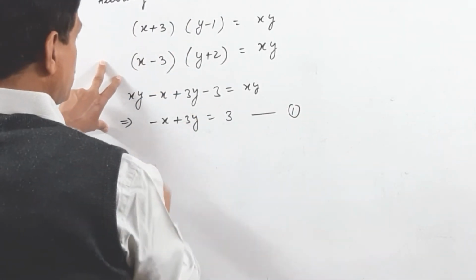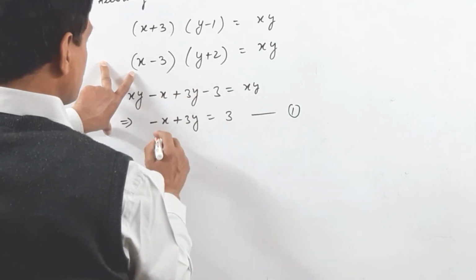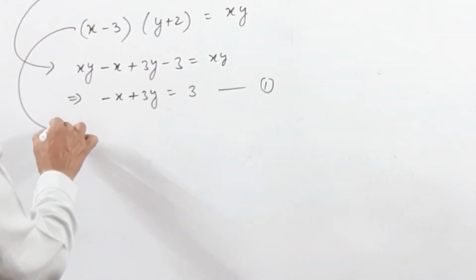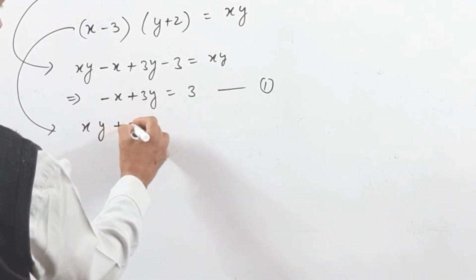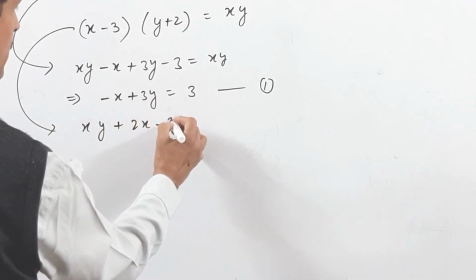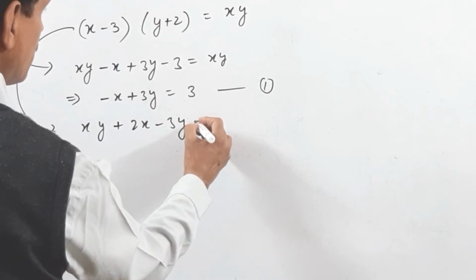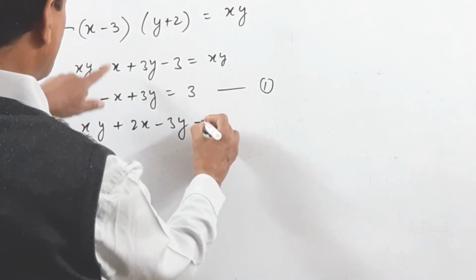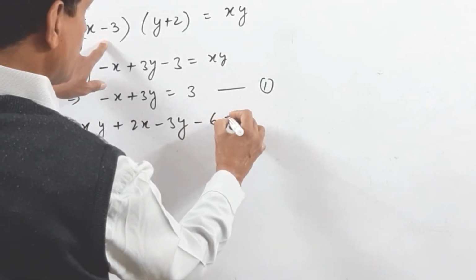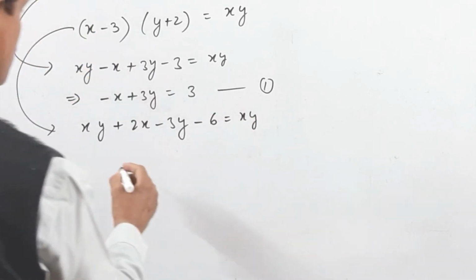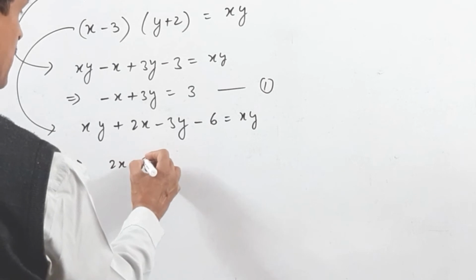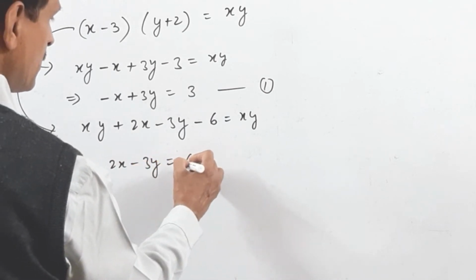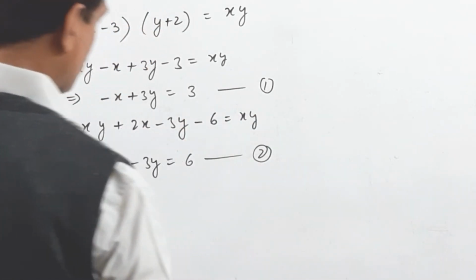And second equation, that is xy plus 2x minus 3y minus 6 is equal to xy, and thus it implies 2x minus 3y is equal to 6. This is second equation.